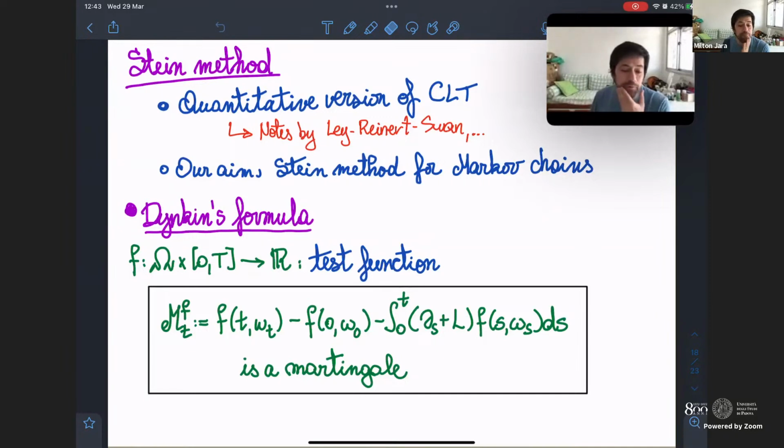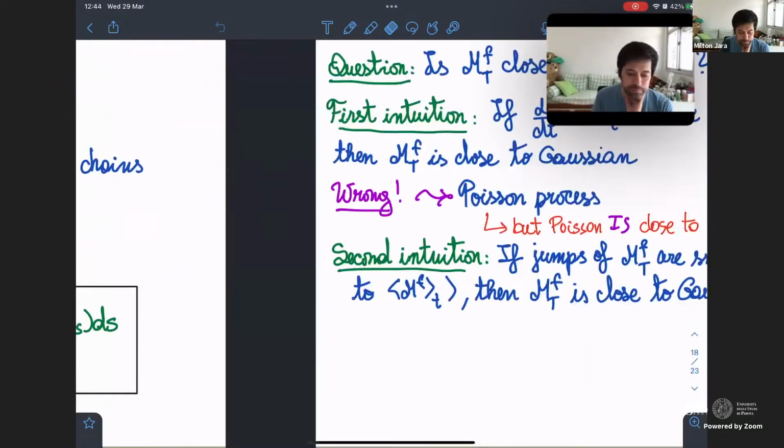And you have this Dynkin formula that relates the functions of your Markov chain with martingales. So what I want to show you is a way to show a quantitative CLT for Dynkin martingales.